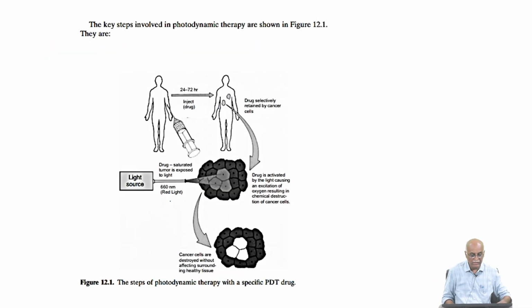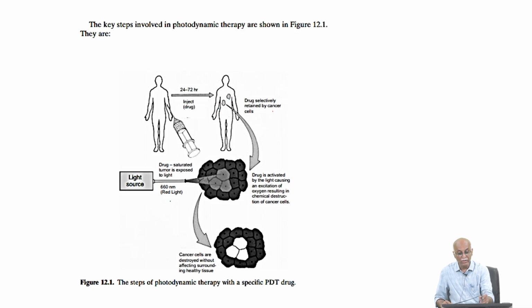There are various ways, but in this one, let us say we inject a particular drug. The tissues which are affected, the malignant or cancerous tissues, will absorb this drug, while the other normal tissues will reject it.